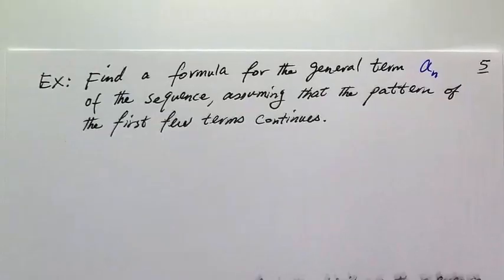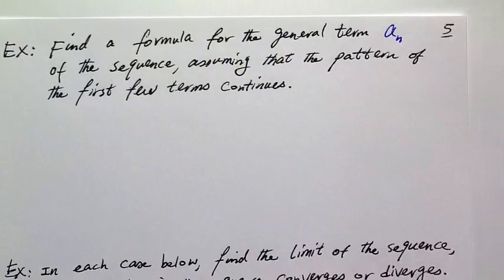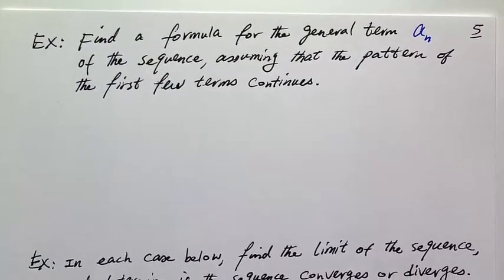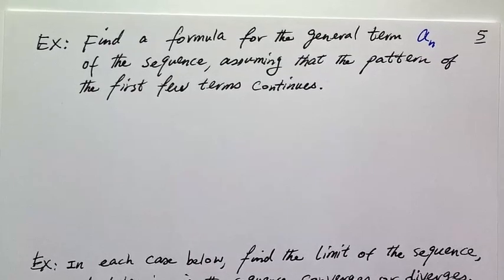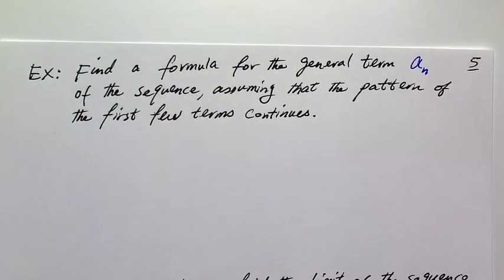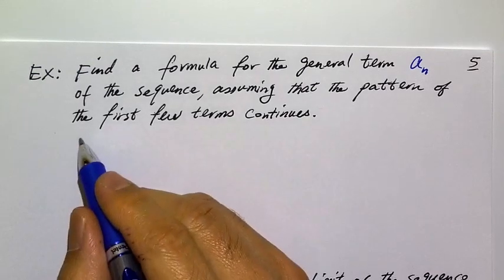Now let's take a look at some examples that help us apply these definitions and theorems. Here's the first problem. We want to find a formula for the general term a sub n.